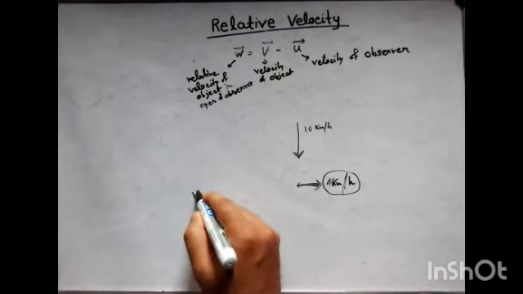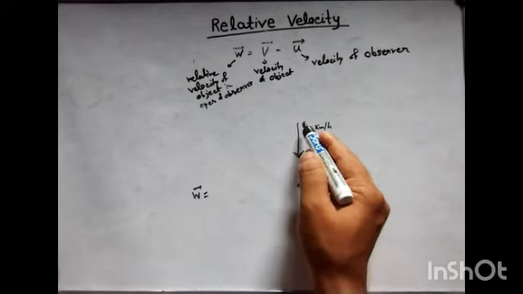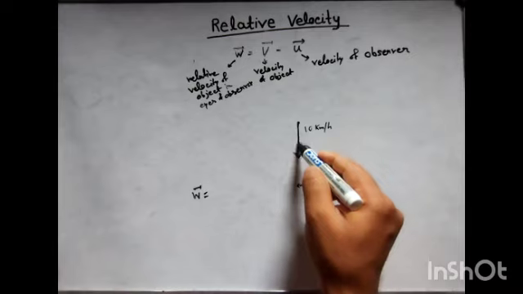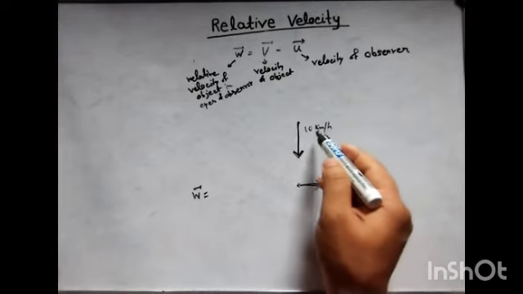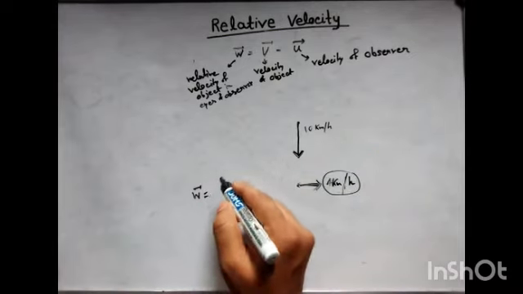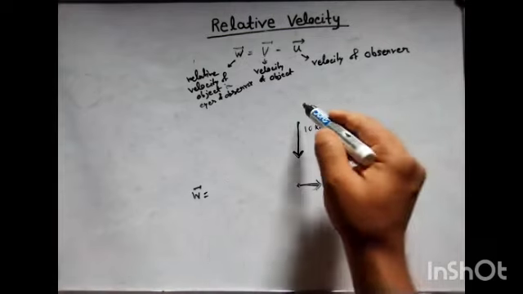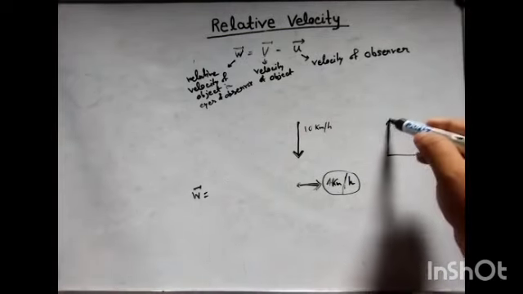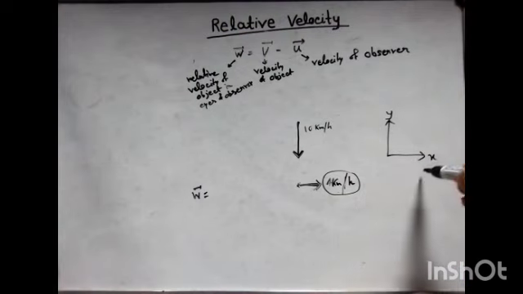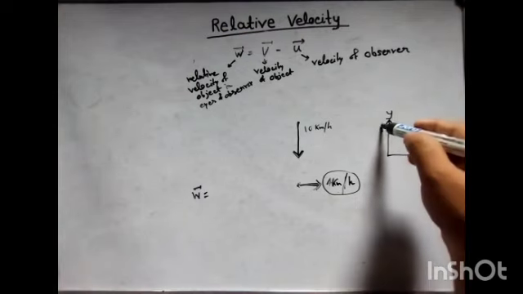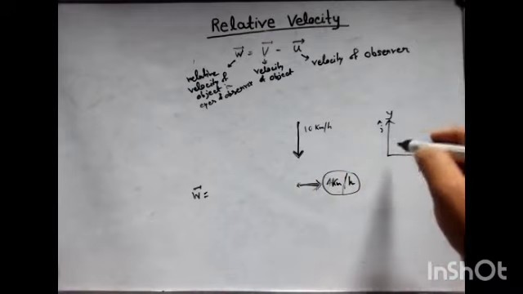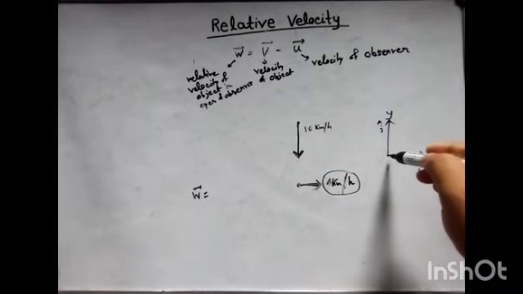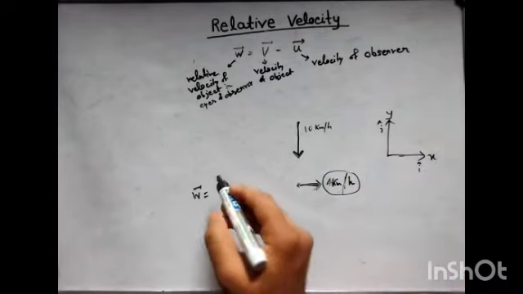So that will be w vector, which is the actual velocity of the rain. Suppose you take a frame, this is the positive x-axis and this is the positive y-axis. So this is your i cap and this is your j cap. Unit vector along this axis is j cap, unit vector along the x-axis is i cap.